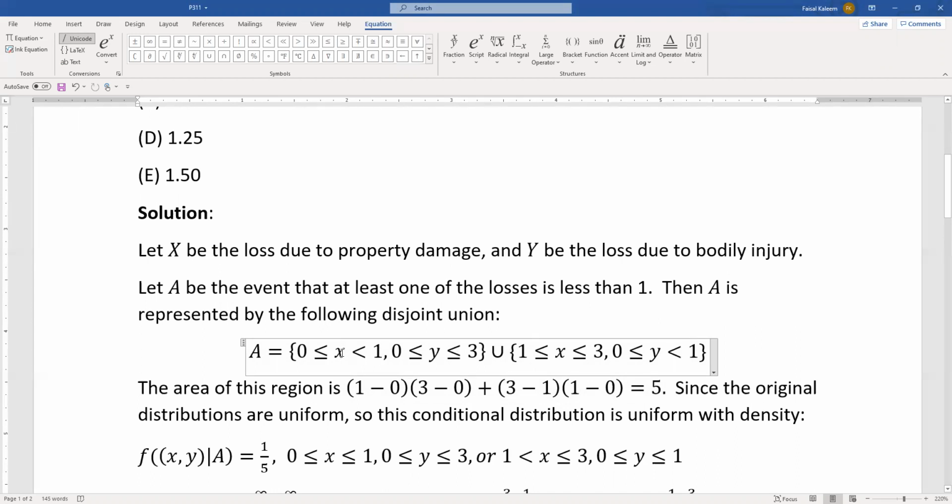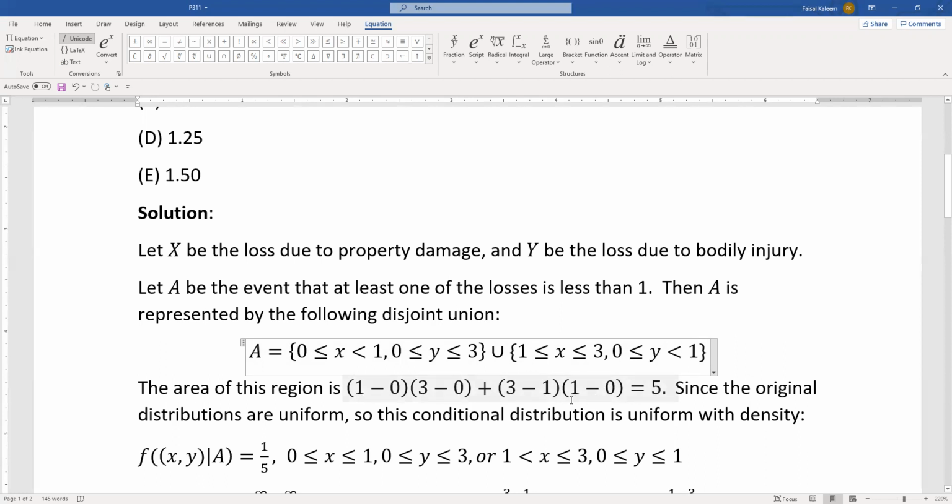So when X is between 0 and 1, the length along the X-axis is 1 minus 0, and Y is between 0 and 3, so the length along the Y-axis is 3 minus 0. So it's like a rectangle of this length and this height. Similarly here, X is between 1 and 3, so the length along the X-axis is 3 minus 1, and the length along the Y-axis is 1 minus 0.